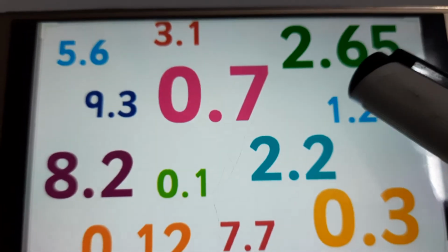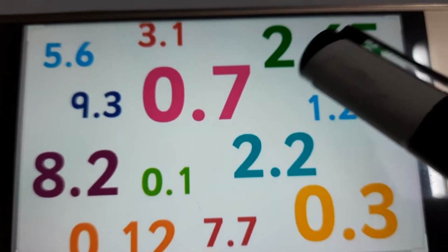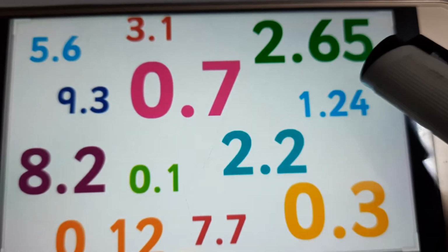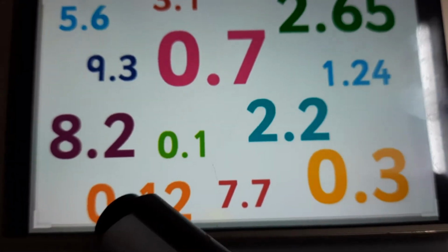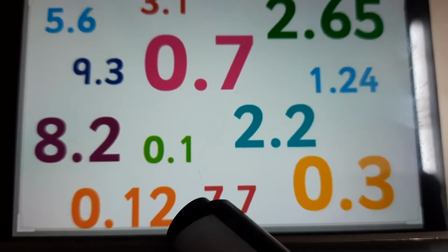We do not call it 2.65 as two point sixty-five. No, that is wrong. Its pronunciation will be two point six five. Similarly, if you want to pronounce this number, its pronunciation is zero point one two.